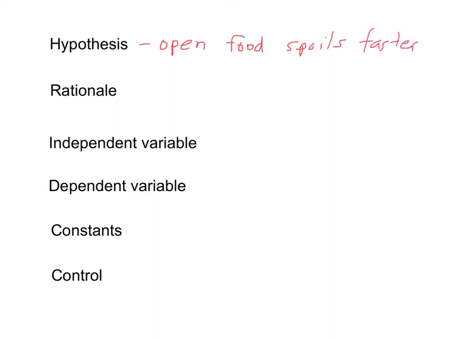The rationale for that is the explanation of why we think it, right? So what was his thinking? His thinking was that there's something in the air that causes this. Something in air causes spoiling.